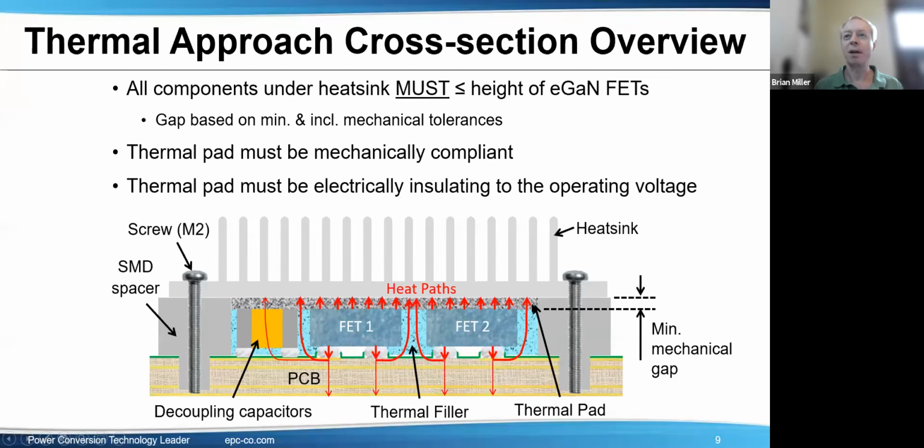So the top should really be considered to be at the source pin, which in many cases is ground, but in the example of a half bridge, the source is the switch node, and the last thing you want is to have the switch node connected to a heatsink and also connected to the ground of the bottom FET. So electrically insulating thermal interface material is really good there.